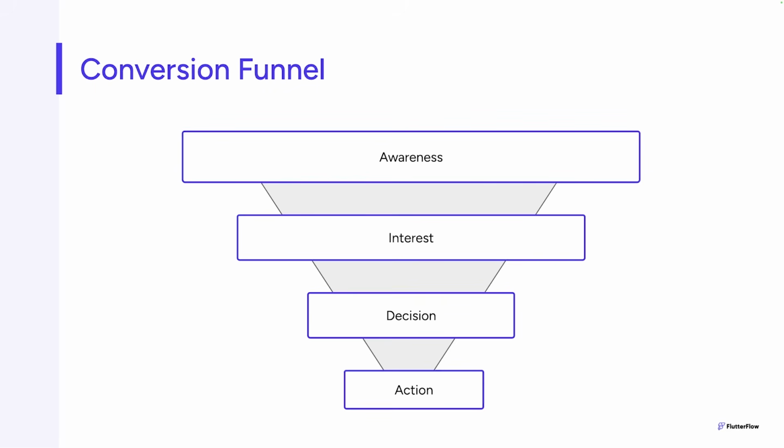A key aspect of analytics is understanding and optimizing product conversion funnels. This funnel tracks users' stages from discovering your product to purchasing. The stages typically include awareness, interest, decision, and action.